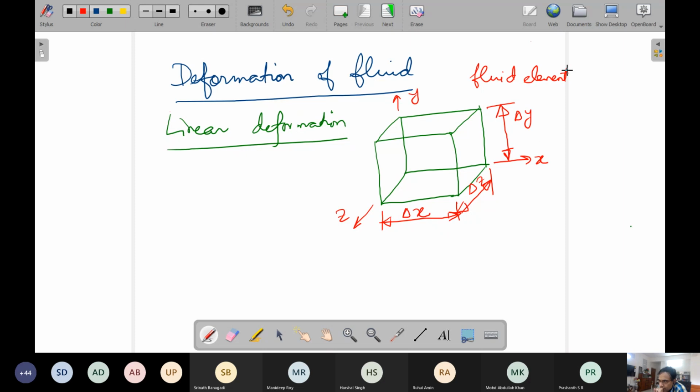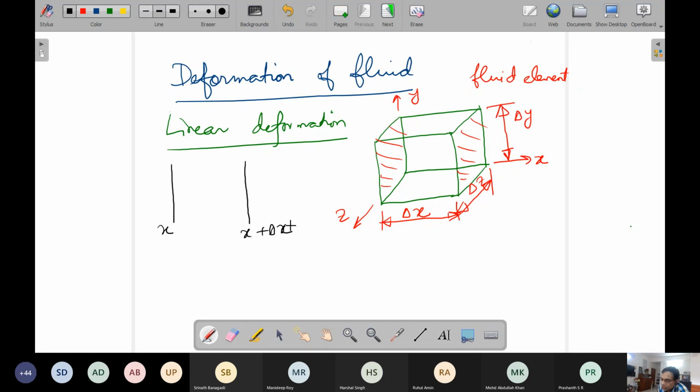So what we will do is we will consider these two faces, which are located at delta x apart, and by viewing it from the front, we will just represent this by two lines. One is this one, which is at x. Another is this one, which is at x plus delta x.